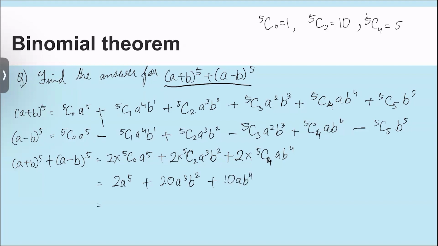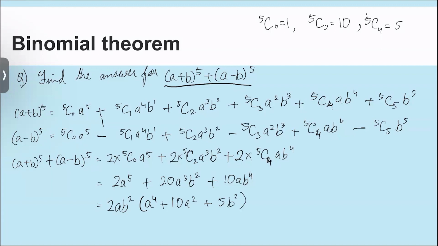Now you take out, say, 2ab squared, just to simplify it. What you're left with is a raised to 4 plus 10a squared plus 5b squared.